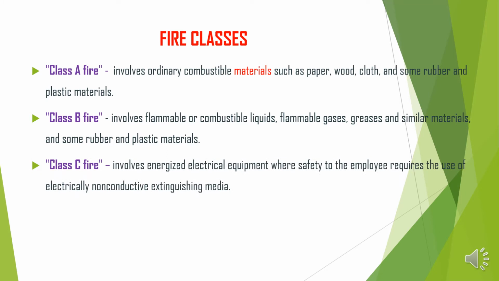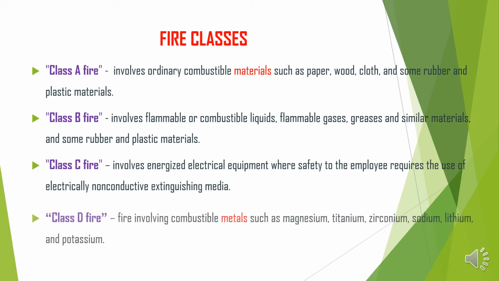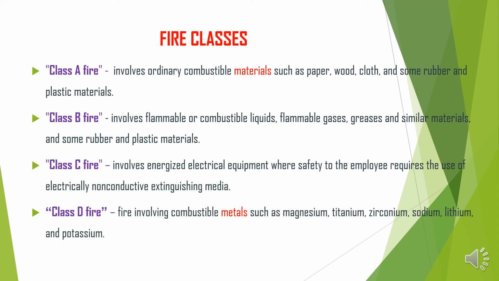Class C fires involve energized electrical equipment, where safety requires the use of electrically non-conductive extinguishing media. Class D fires involve combustible metals such as magnesium, titanium, chromium, sodium, lithium, and potassium.